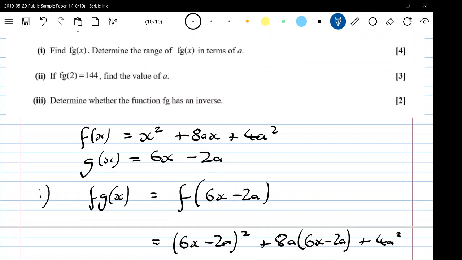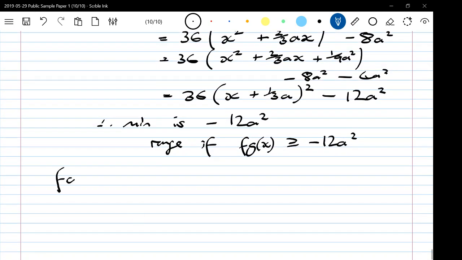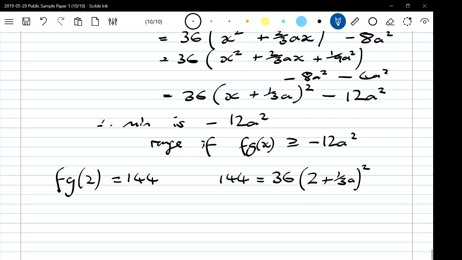Great. Then part 2 said f of g of 2 is 144. That means that 144 is 36 times (2 plus a third of a) all squared, minus 12a squared.